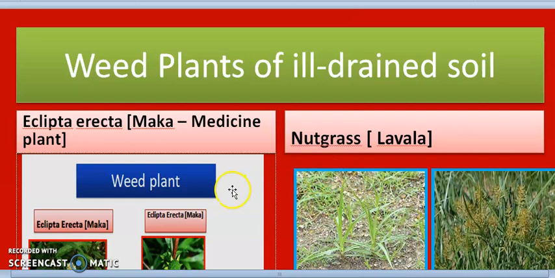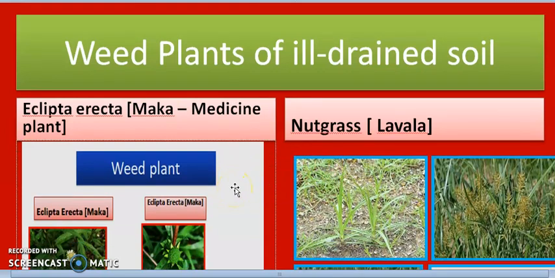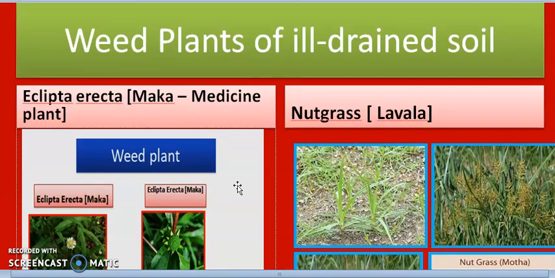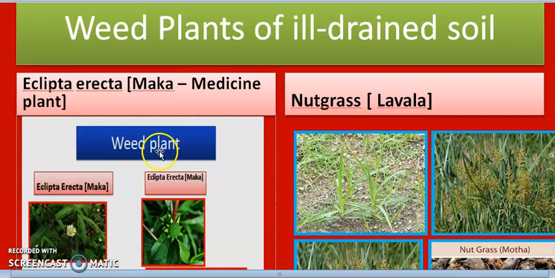Then the weed plants which occur in ill-drained or marshy soil. Here we see the maca. It is a medicinal plant and is used in the preparation of many Ayurvedic medicines.